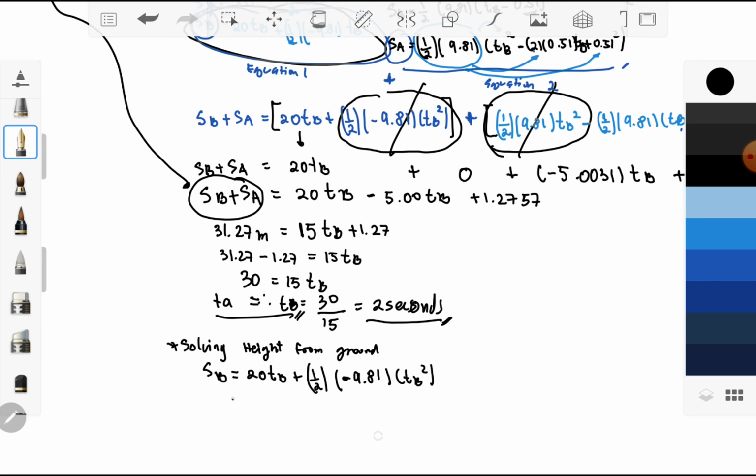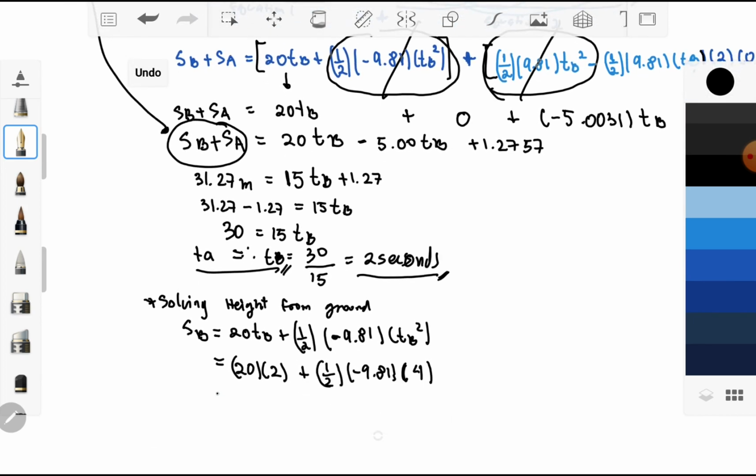So we have 20 multiplied by our 2 seconds, plus 1/2 multiplied by negative 9.81 multiplied by TB squared, which is 2 squared, so 4.